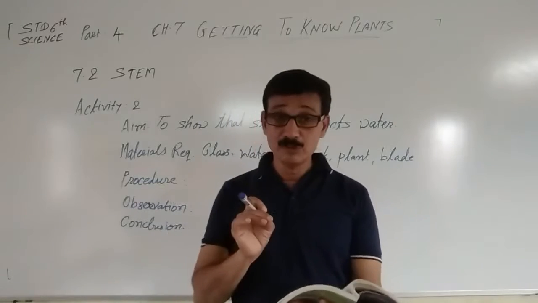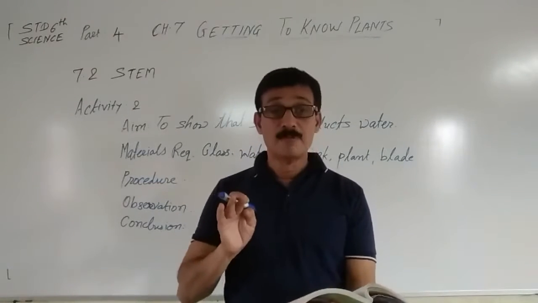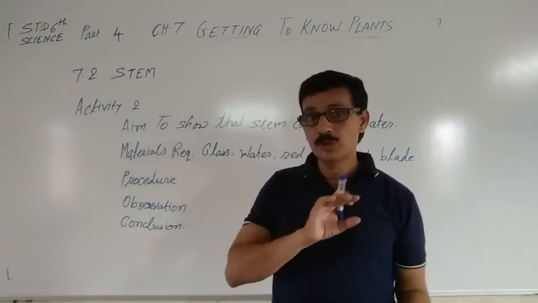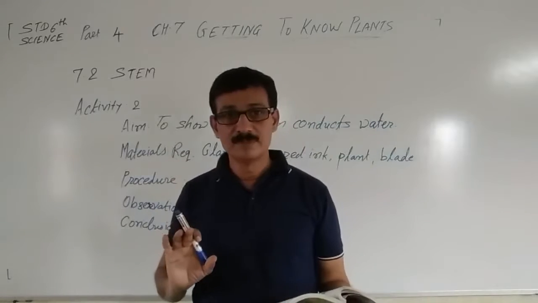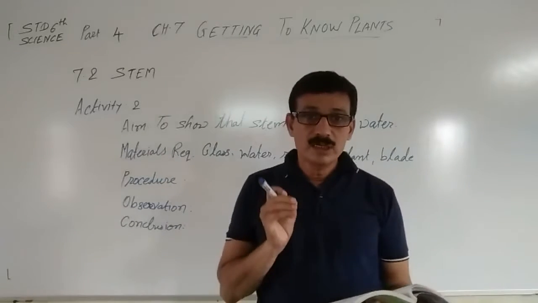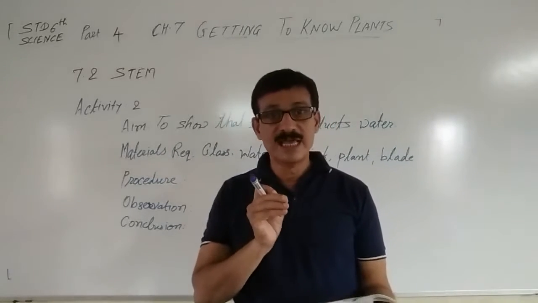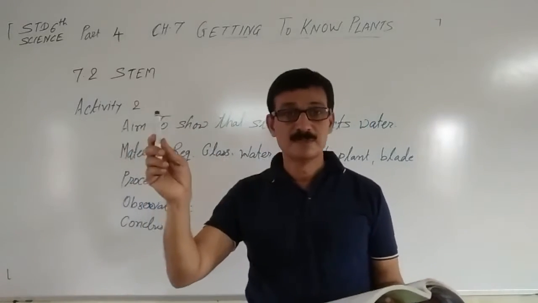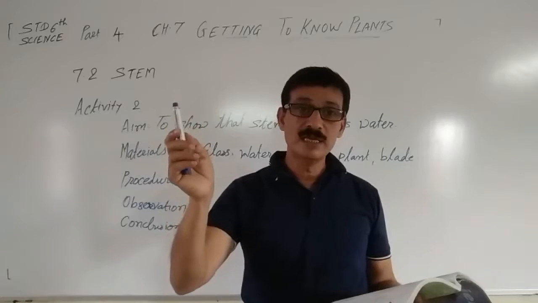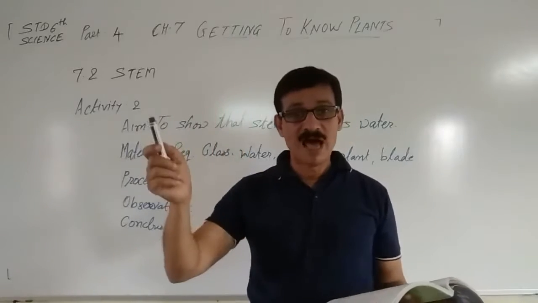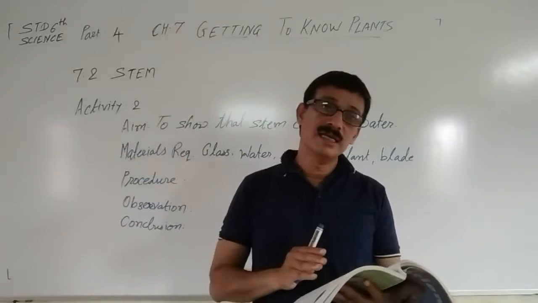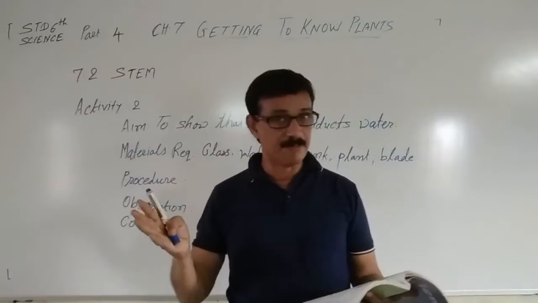Stem bears leaves, branches, flowers and fruits. So you will observe the stem, and you will see that from the stem there are branches, in the branches there are leaves, flowers, fruits, so all these things are borne by the stem.